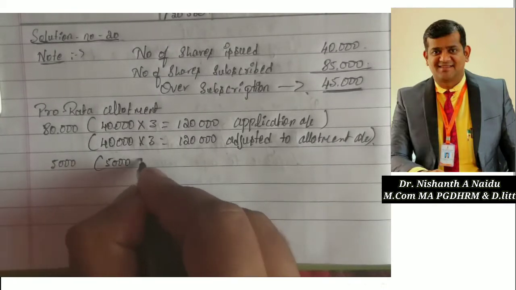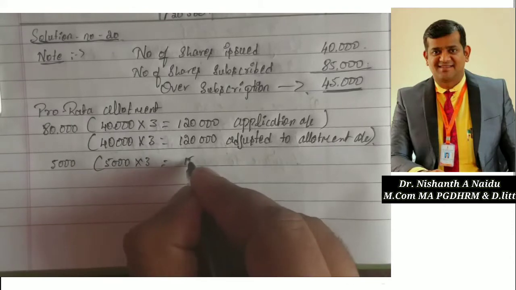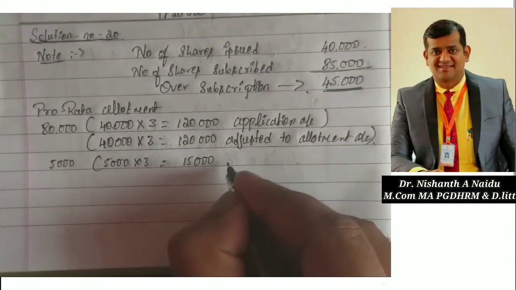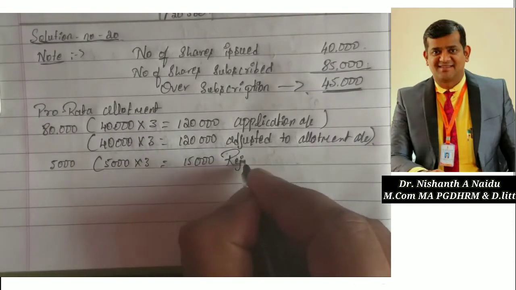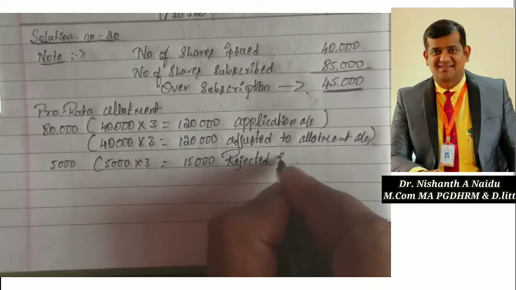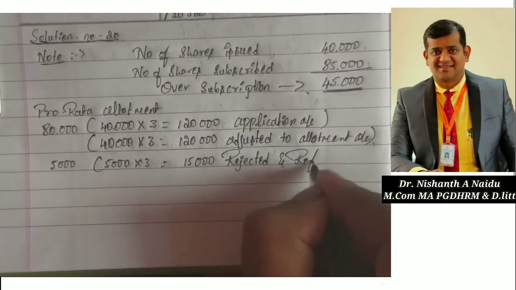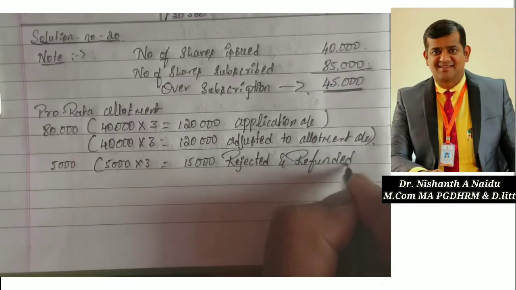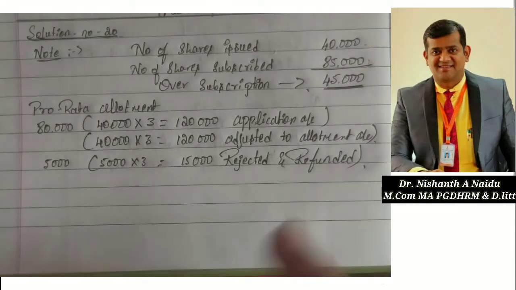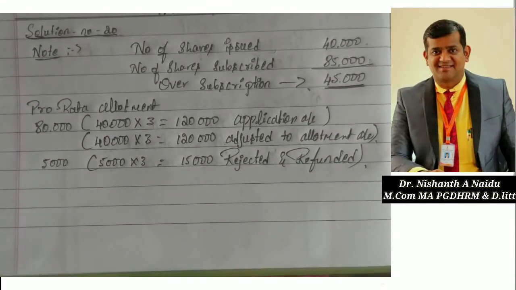So that is 5,000 into 3, which comes to 15,000 rupees. That is rejected and refunded. Okay, so this is the primary working note which you must know.